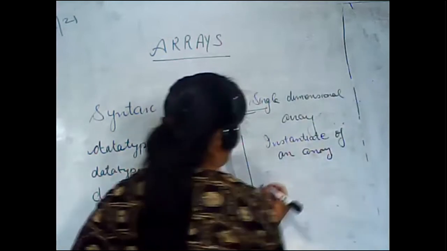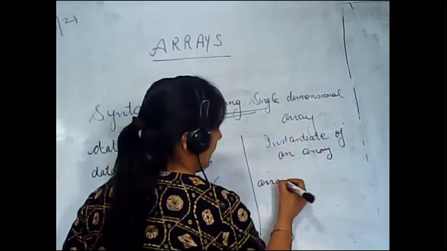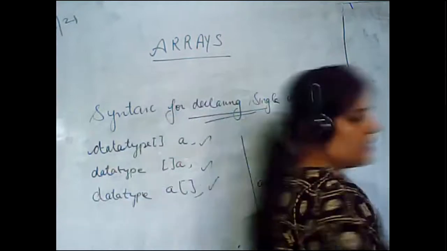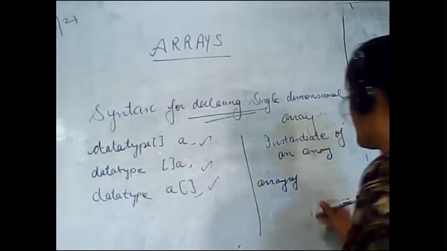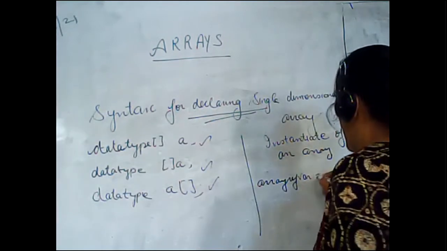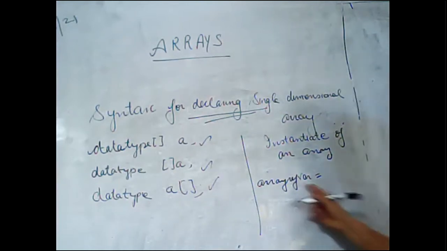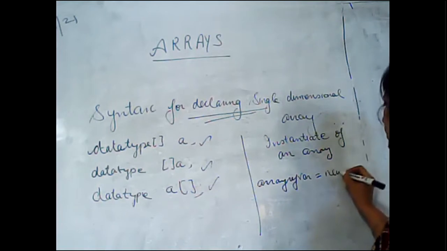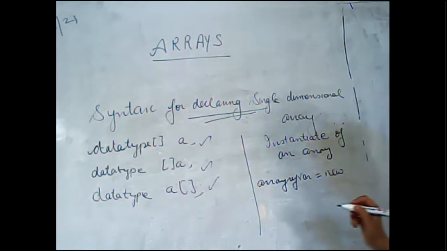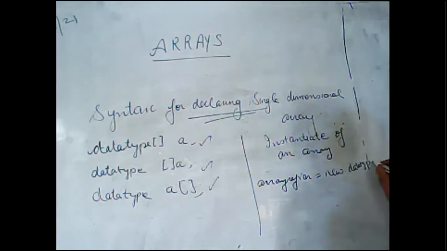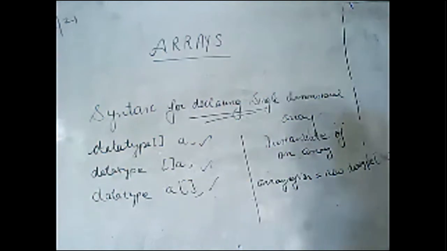Here we have the array reference variable equal to new, and we have to mention the data type, and we have to mention the size too.